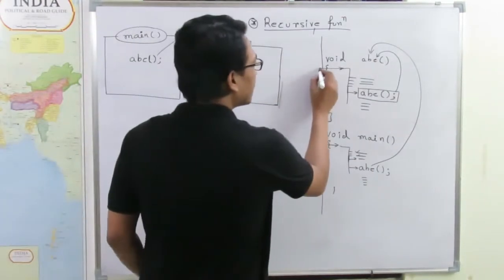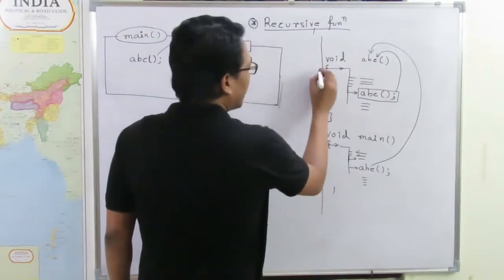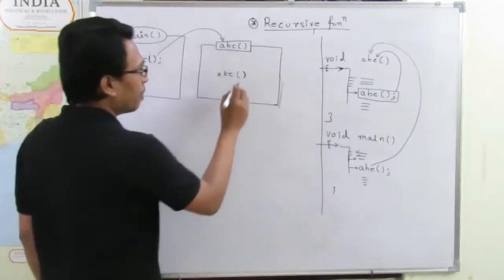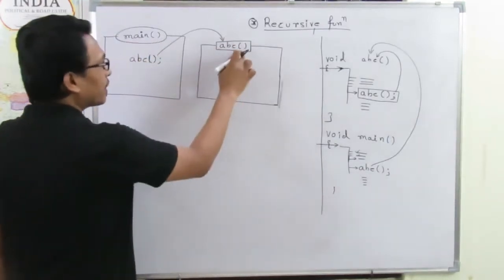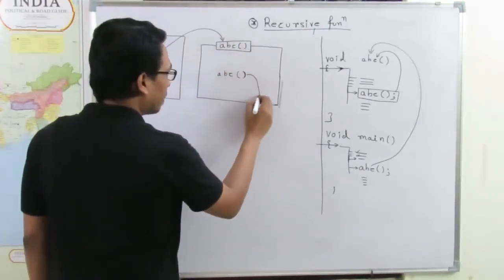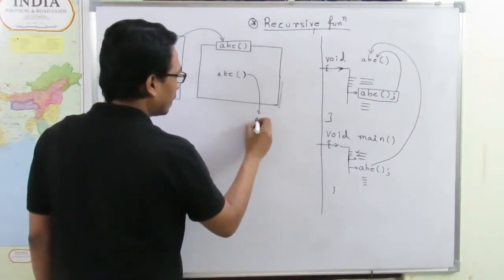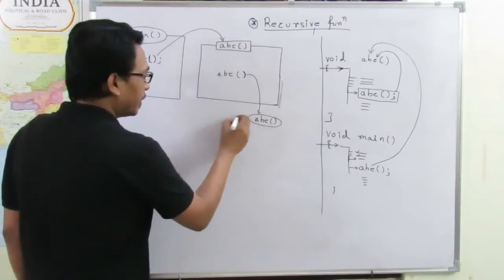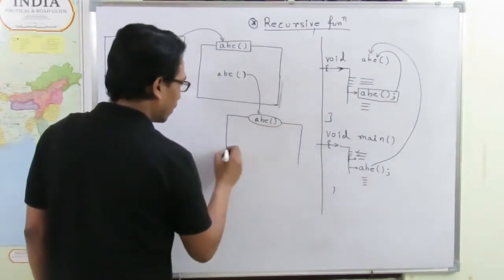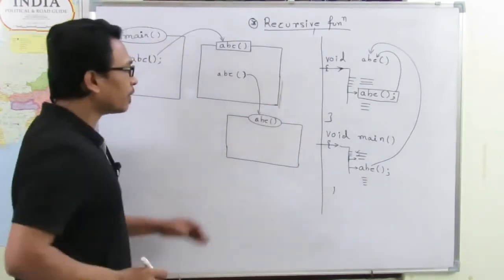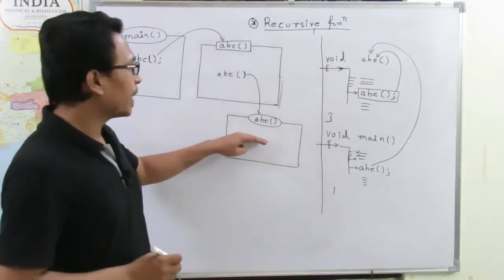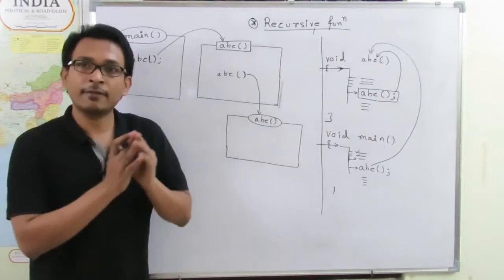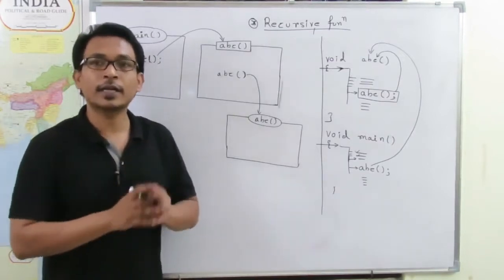That means again system will enter to this new block. Clear? Now that means from this abc function, control again jump to a new block again with the name abc, and within this new block. Now look, why this new block is created? Because from the abc function we called that function itself.